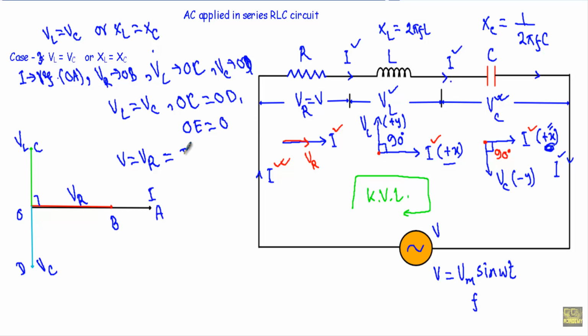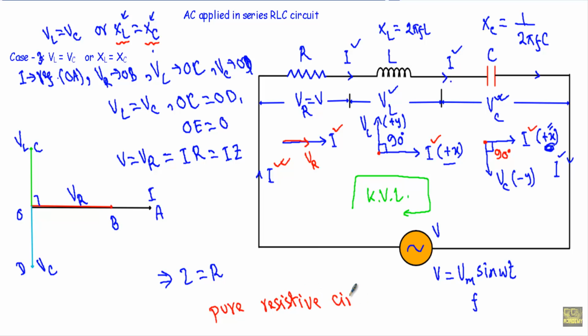As a result, I will get V equal to IR, or I into Z. So you will see our impedance Z will be equal to R, because the inductive reactance XL gets cancelled by the capacitive reactance. Okay, so this circuit will be a pure resistive circuit, and this is known as resonant condition, because inductive reactance will be equal to capacitive reactance. That's it. Thank you.